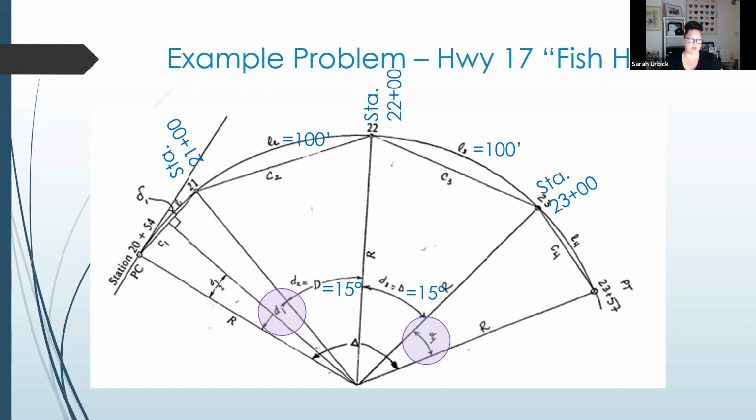If we look at segment 4, we do not have an arc length of 100 feet. Therefore, we cannot assume the same formula. This is just to get us the bulk of those sections. It's to get us that uniform section by saying, all right, we're going to break this into manageable pieces.